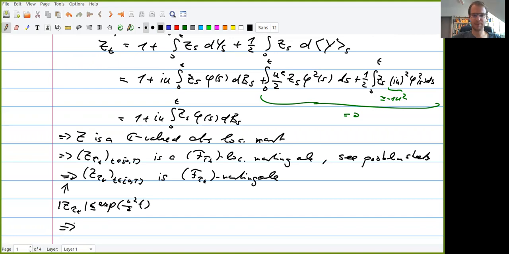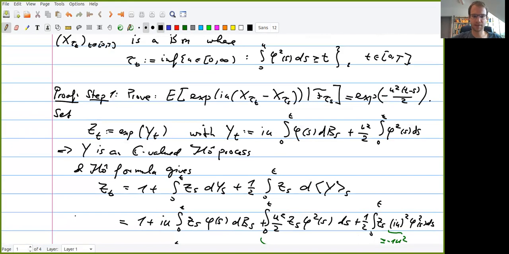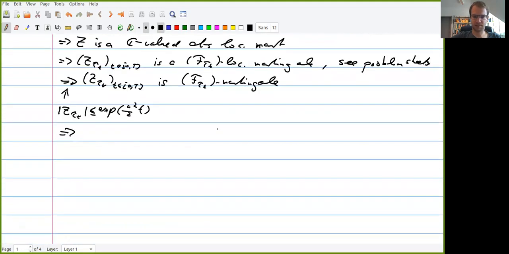Okay. But now if you think what the time change local martingale is, well, that time change with respect to tau_t is exactly X_{tau_t}, right? So this means we can now apply the martingale property to Z to obtain that the exponential of this, right, this is nothing else than Z_tau.